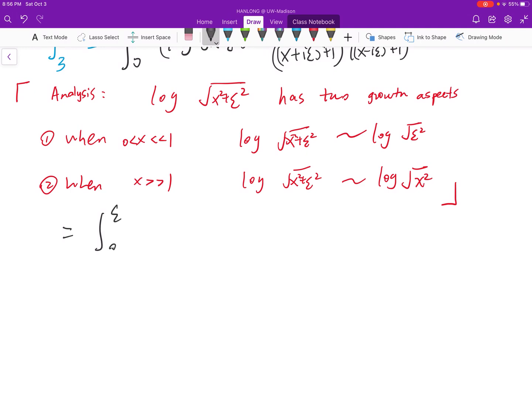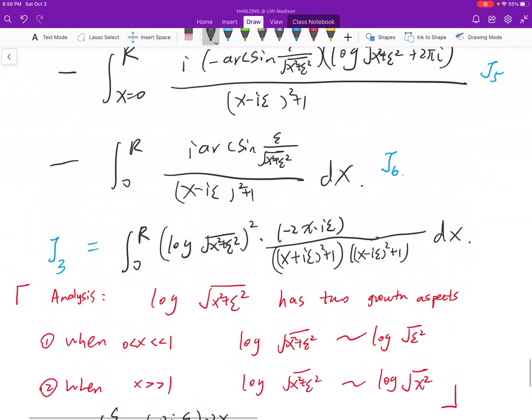From 0 to ε, the same integrand. Okay, it should be 4, sorry.